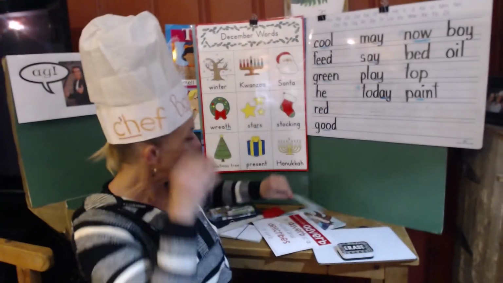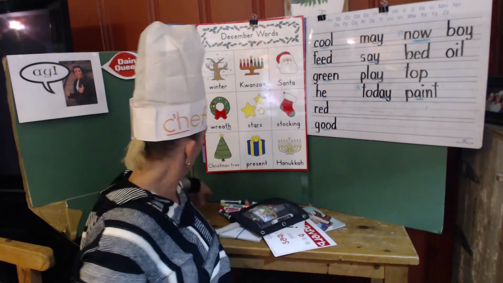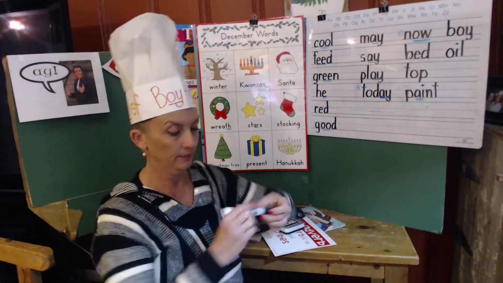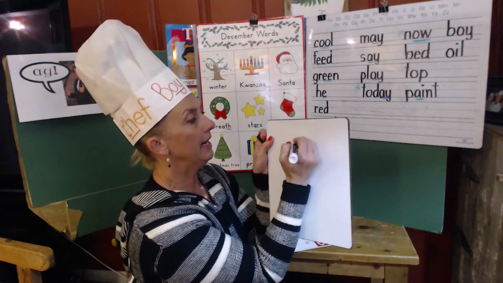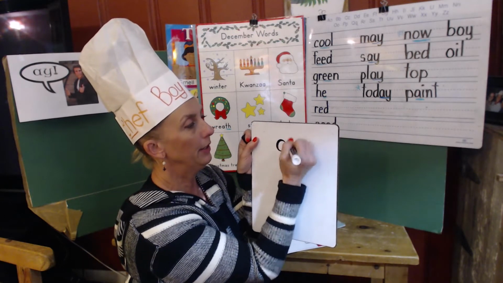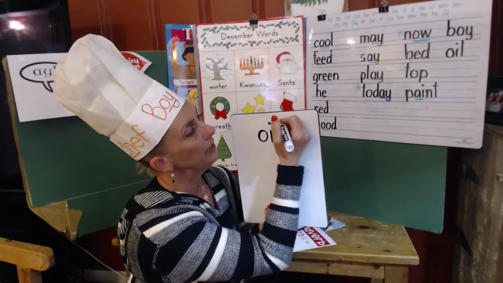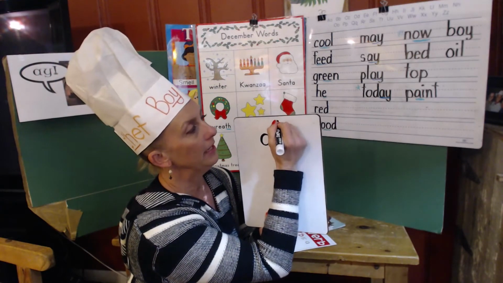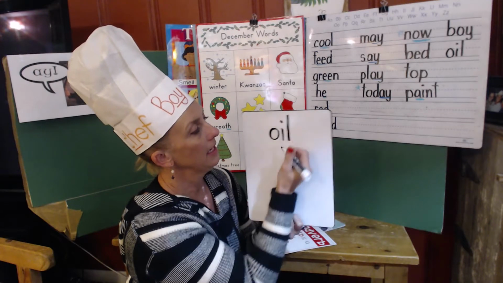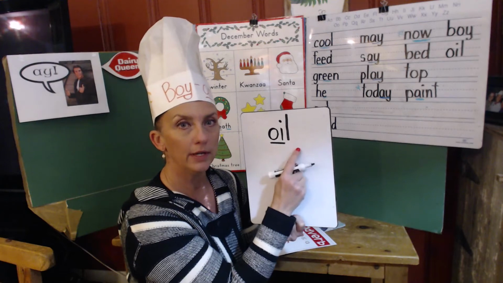So let's look at a few words that have Oi. Again, I'll write it and leave room behind it for another letter, O-I. So the first word we're going to look at, I'm just going to add one letter to the end of it, and I have oil. Oil.